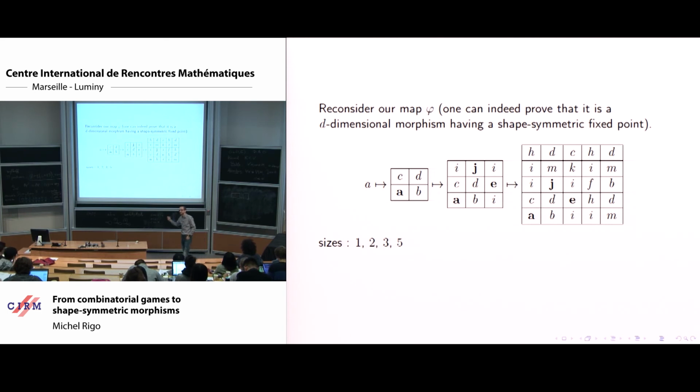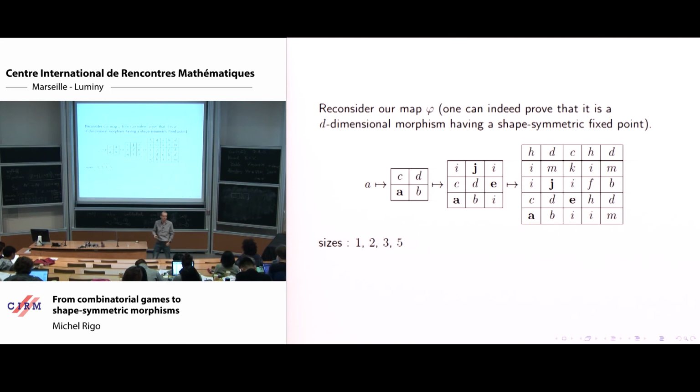And so, just to convince you, with my big ugly morphism, I start with A, I iterate my map, over 13 letters. I iterate a second time, a third time, and you see, I get something of size 2 by 3 by 5.